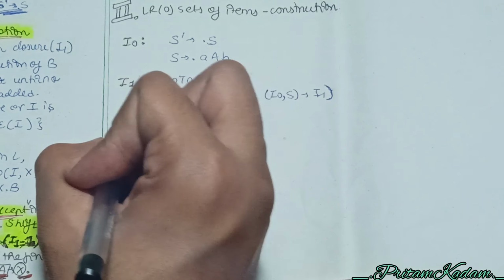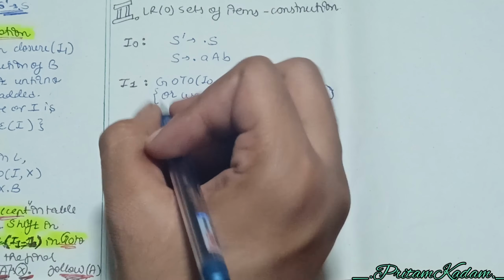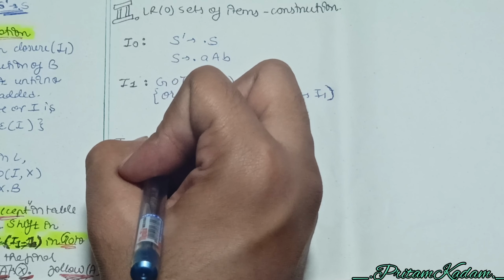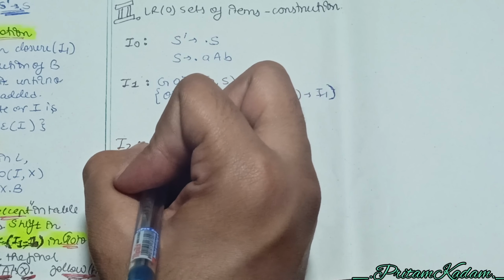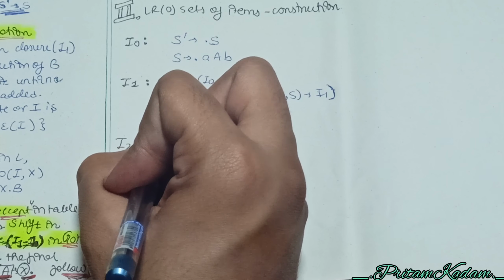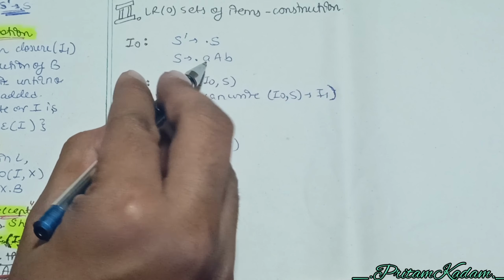So I2 would be go to of I0 on small a, which gives me the closure S gives a dot capital A B. As we have a non-terminal after the dot, we'll write the productions of A also.